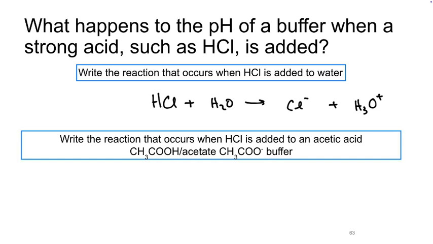What happens if I add it to acetic acid, or technically the buffer system? What is the HCl going to react with? Does it react with the acid, HA, or does it react with its conjugate base? It reacts with the conjugate base.